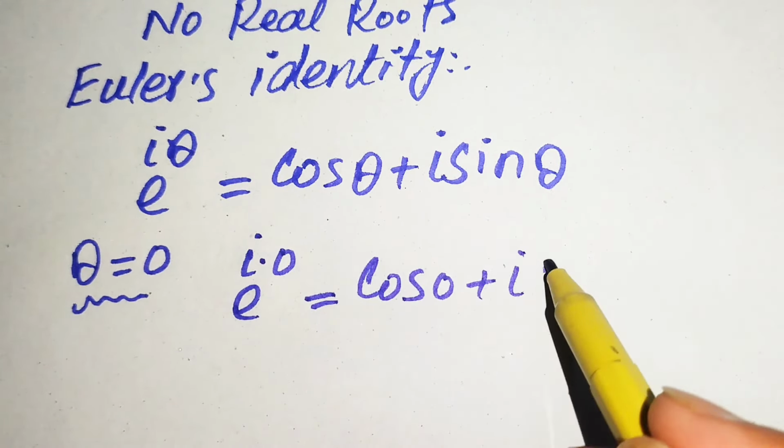Something multiplied by 0 equals 0, and something to the power 0 equals 1. So e to the power 0 is 1, and cos 0 is also 1, but sine 0 equals 0. So 1 plus 0 becomes 1. It means that theta equals 0 satisfies this equation.